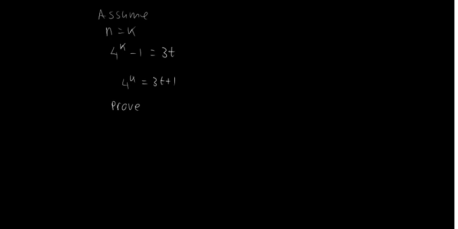So now prove n is equal to k plus 1, and this can be proved by saying 4 to the power k plus 1 minus 1 is equal to 4 to the power k times 4 minus 1.